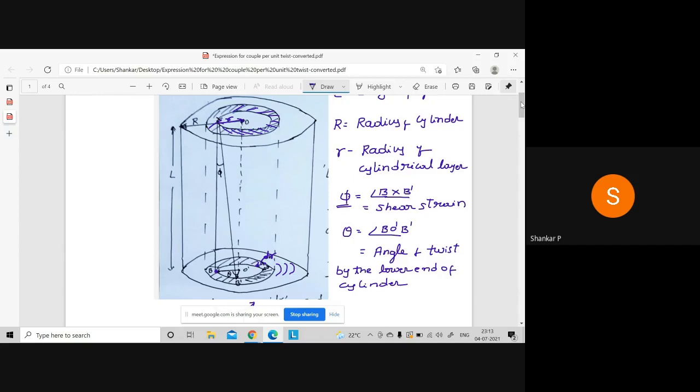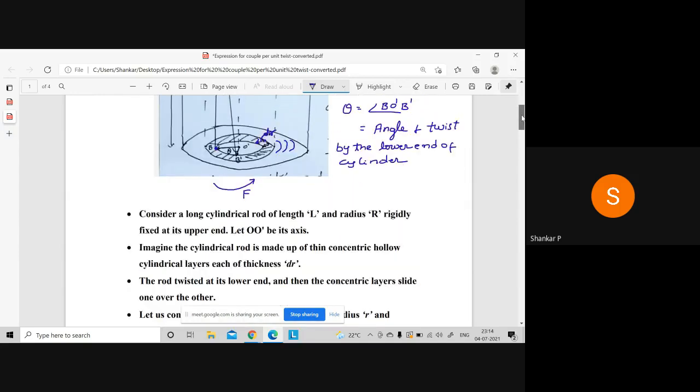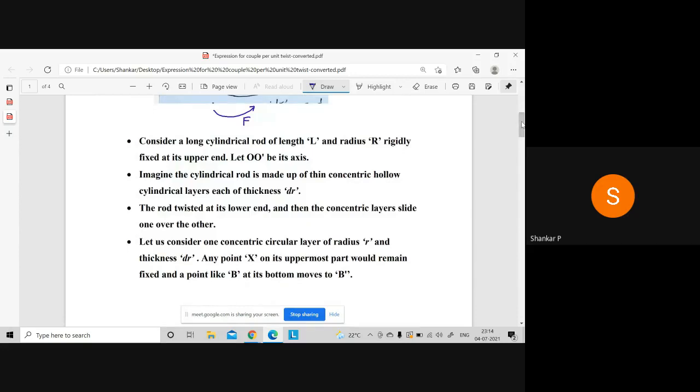So small r is the radius of that concentric cylindrical layer, and it is of thickness dr, right?